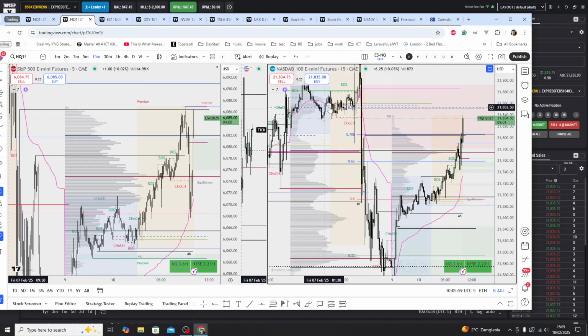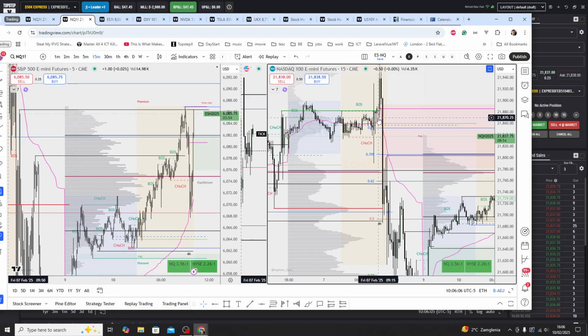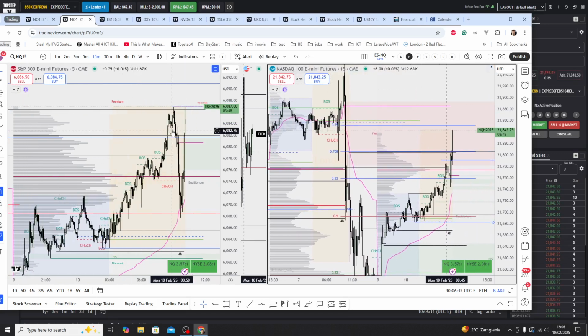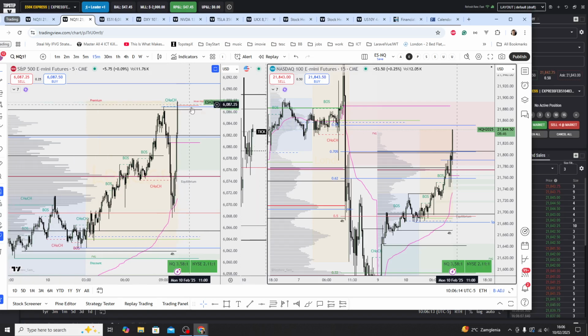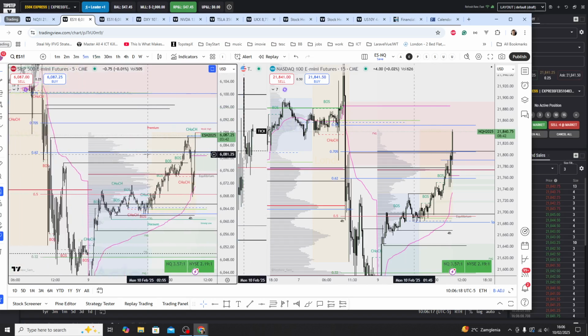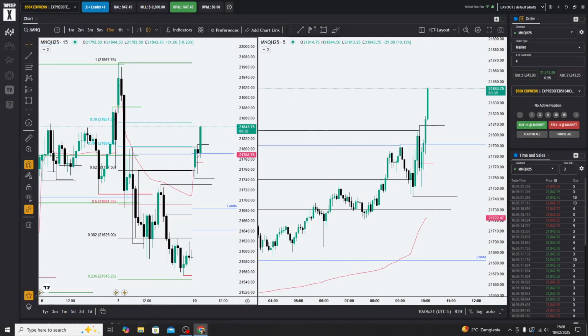Approaching this trap liquidity. ES should push for this, yeah. Okay. So now we have market in sync. More or less.